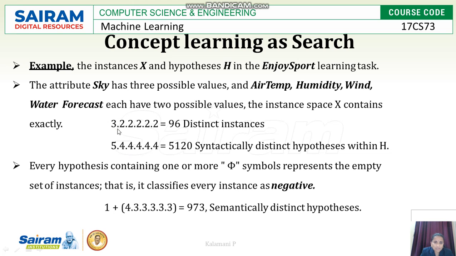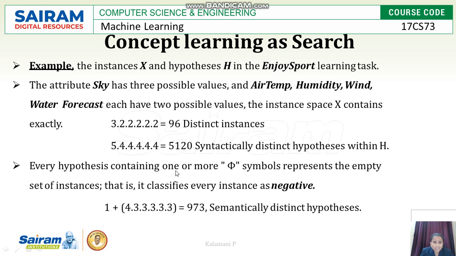Along with the 3 possible values, it can take any value, that is the question mark, as well as the null value pi. So 3 plus 2 is 5. The same for the other attributes: air temperature takes 2 possible values along with the question mark and pi, so 2 plus 2 is 4, and likewise for each of the others. So that is 5120 distinct hypotheses.